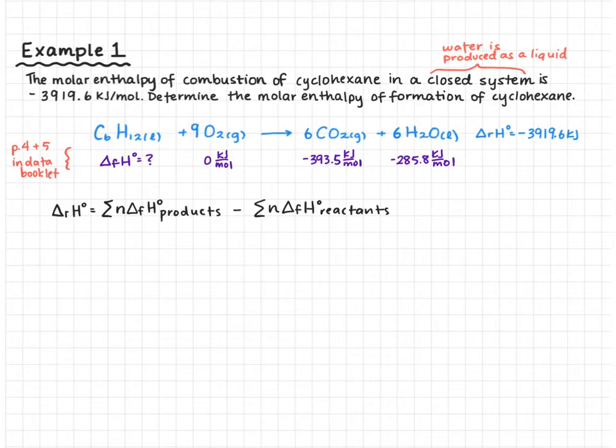So we're going to expand on this a little bit now. Our reaction enthalpy is equal to, so our products are carbon dioxide and water. And the only reactant we need to include here is cyclohexane.